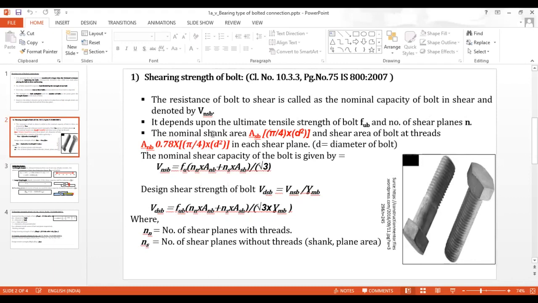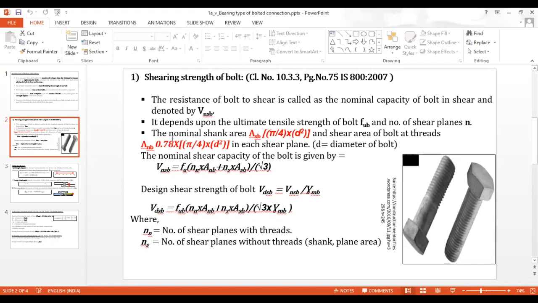Then the nominal shank area A_sb, where s means the shank area of the bolt, is calculated by the formula pi by 4 into d squared, where d is the diameter of the bolt. The shear area of the bolt at the threaded portion is calculated by A_nb, which equals 0.78 into pi by 4 into d squared in each shear plane.